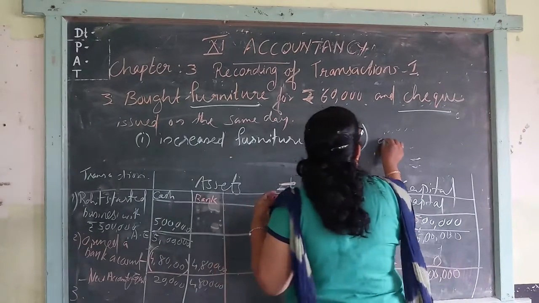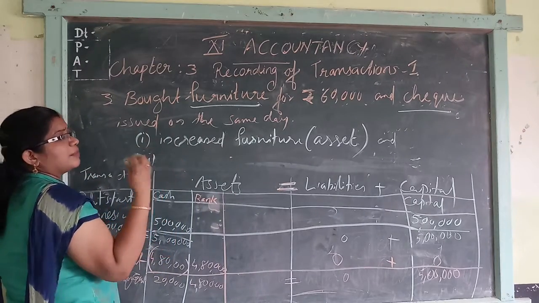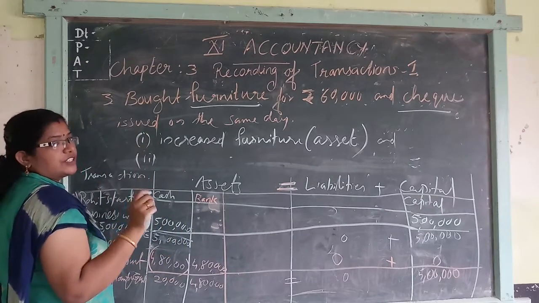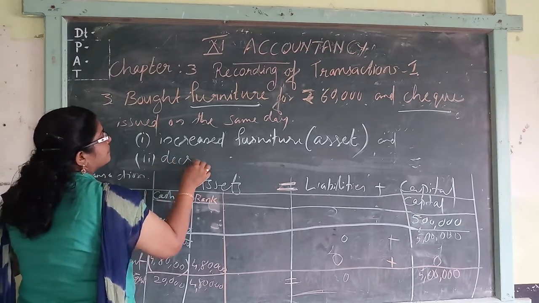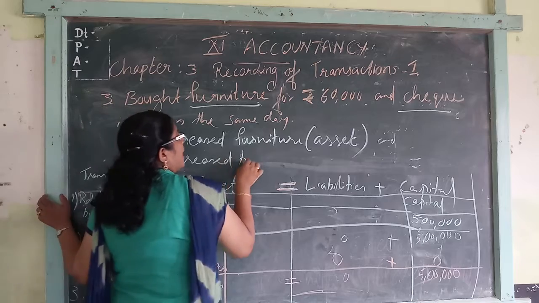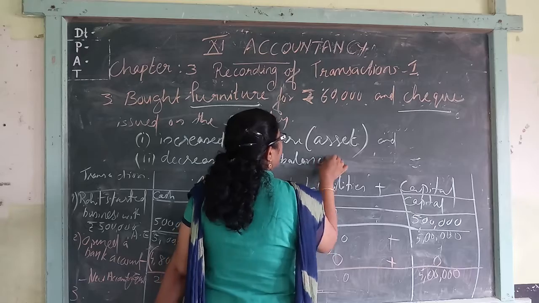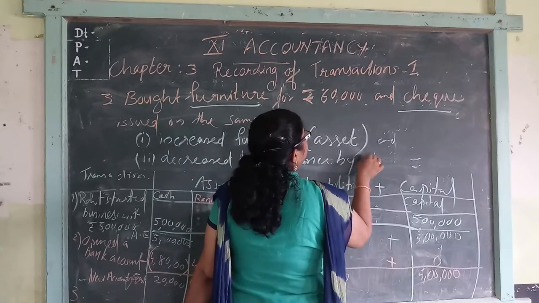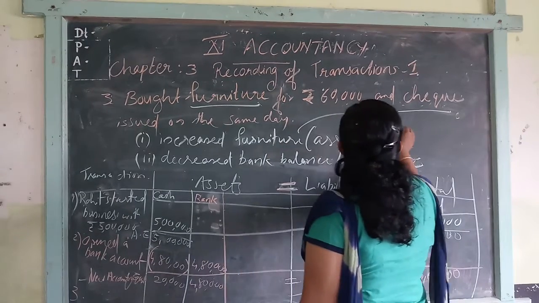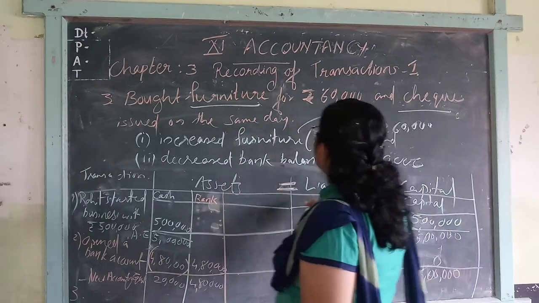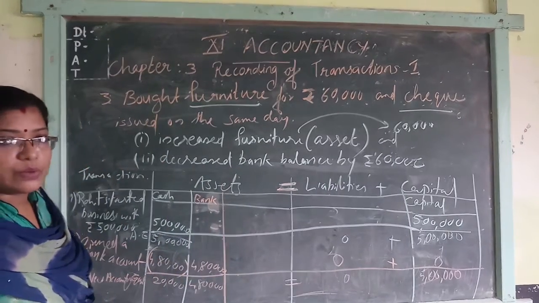And the second effect: what happened? What was paid? Not cash. Check given, check issued, that is affected in bank. So bank balance decreased by rupees 60,000. Furniture value of 60,000 increased and bank balance decreased by rupees 60,000.